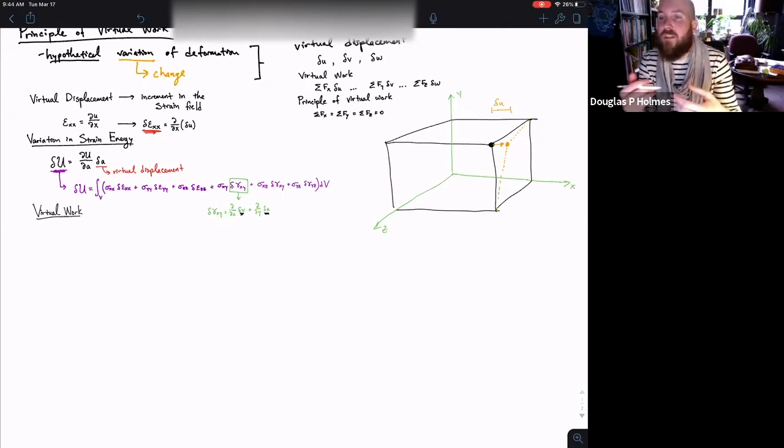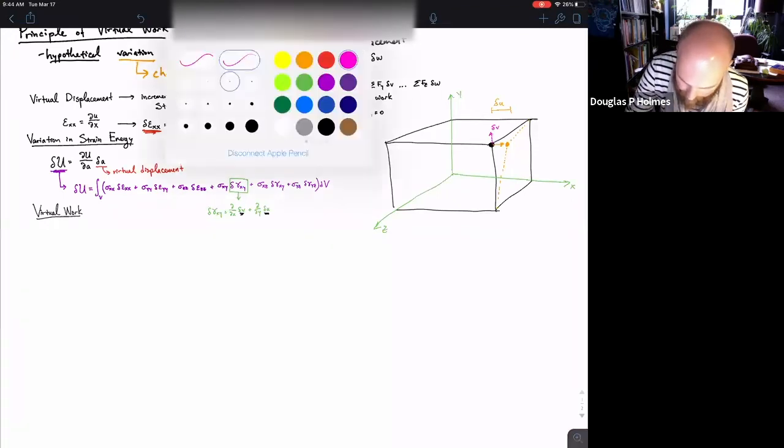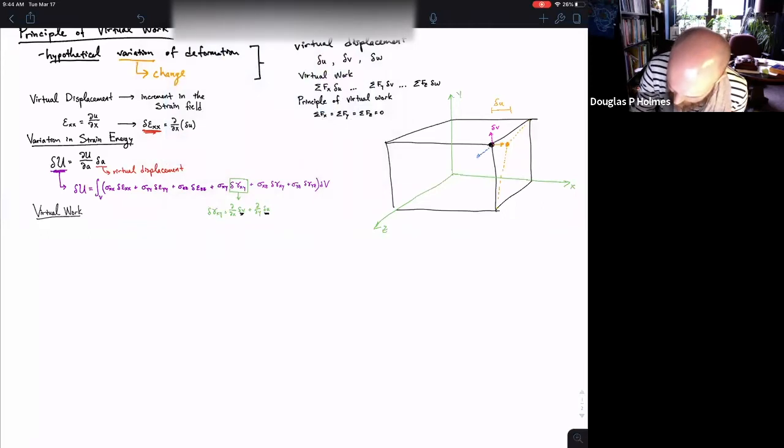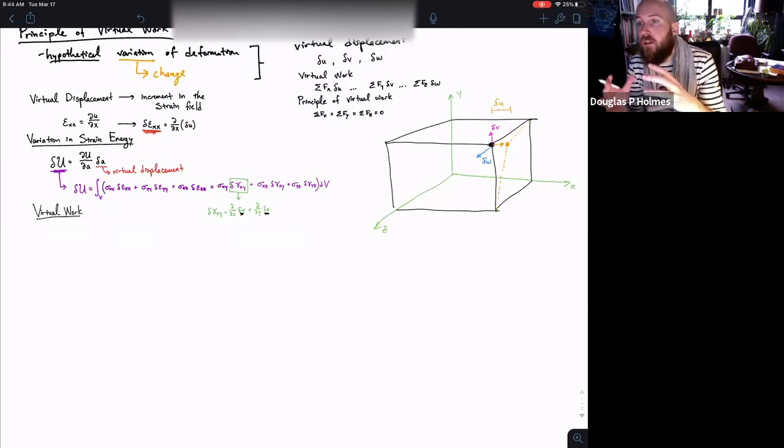The reason the movement is fictitious, pretend, is what the principle of virtual work and the principle of minimum potential energy are going to tell us: no matter what size delta U is, and no matter if we have additional virtual displacements of this point in delta V or in delta W, no matter what magnitude, no matter if we have all three of them or just one of them, the structure is going to find the shape where the total potential energy is at a minimum.